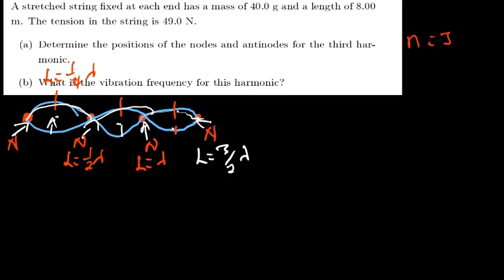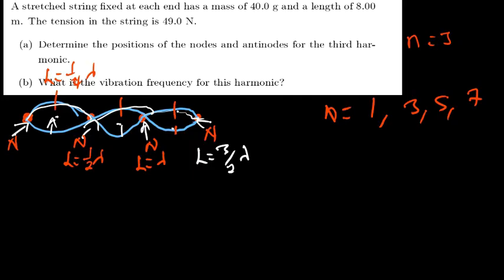We expect to have 3 over 2. Now for the antinode, we are dealing with the odd numbers, which is 1, 3, 5, then 7, like that. So for this one, the first one is going to be 1 over 4.